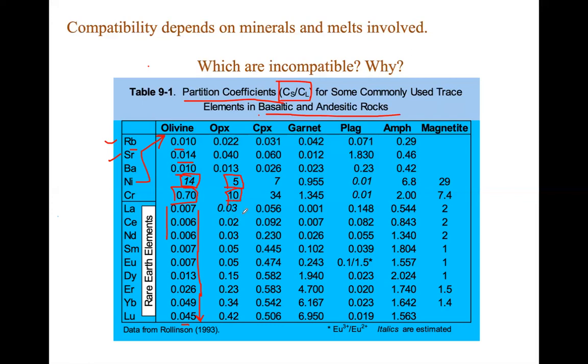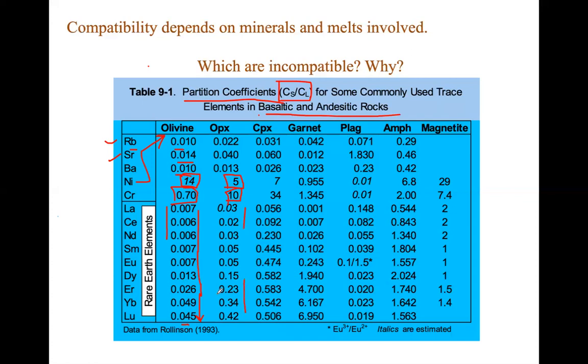Again, here light rare earth elements and heavy rare earth elements show a higher preference for heavy rare earth elements for all the pyroxenes, but much bigger in preference than olivine.